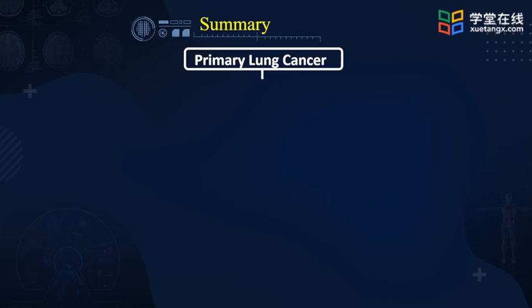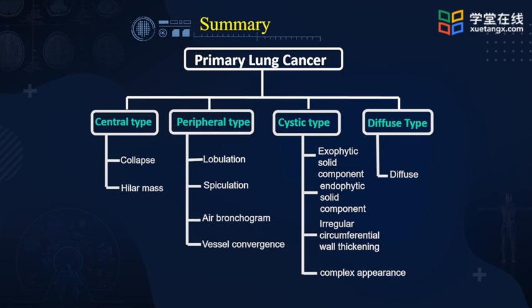Lung cancer can have a wide spectrum of morphologies, some of which are not commonly known. The basic imaging signs of central lung cancer are collapse of the lung beyond the tumor and the presence of hilar enlargement, which may be seen alone or together. And typical nodules with lobulation signs, spiculation, bronchogram, pleural indentation, and vessel convergence are most valuable in the diagnosis of malignancy.